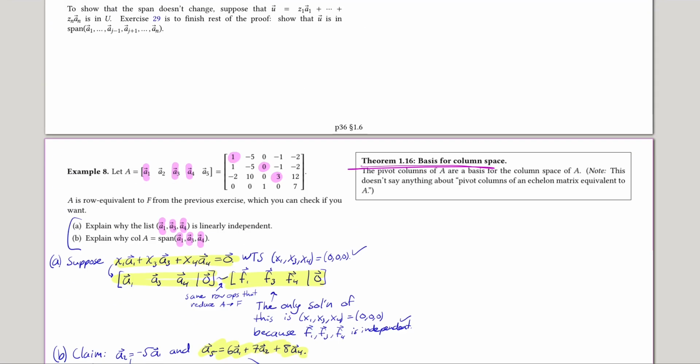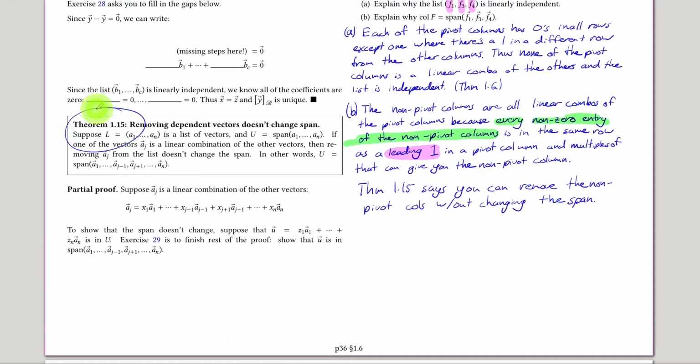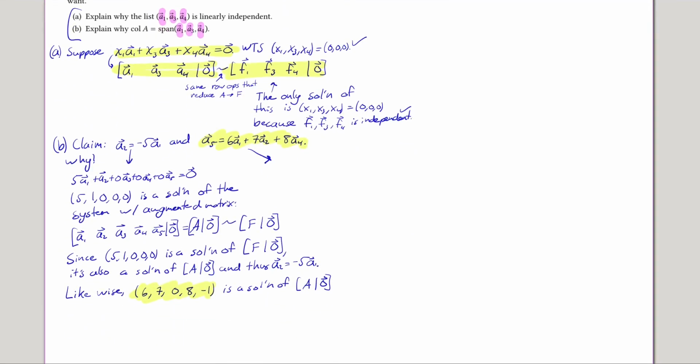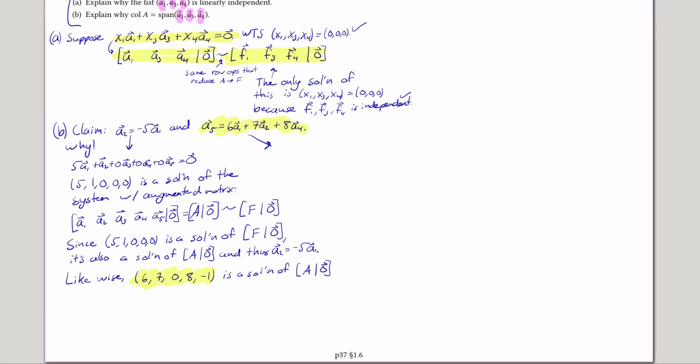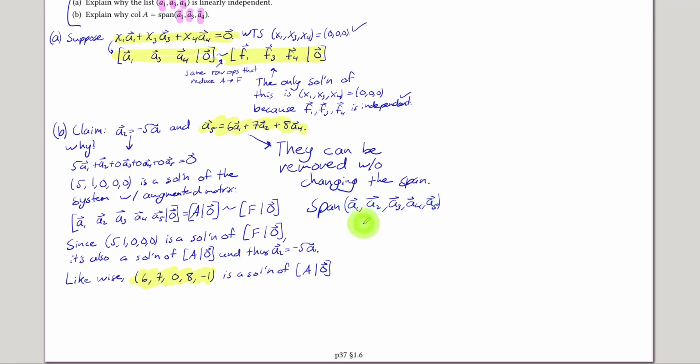So we can again use theorem 1.15 and say we can remove them without changing the span. And so the span of all of them, which is the column space, is equal to the span of the fewer vectors after you remove the ones that are linear combinations of the others, like so.